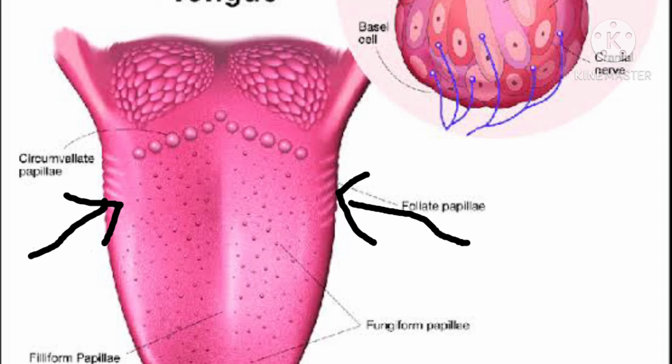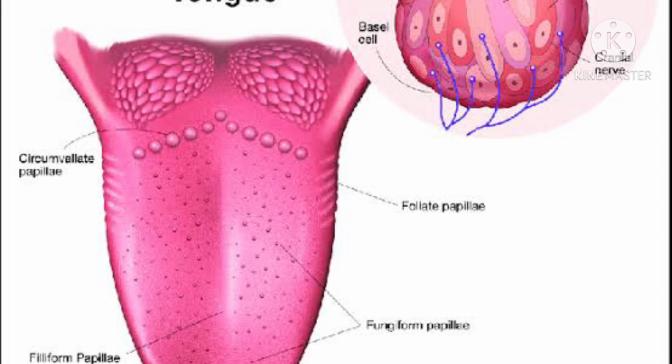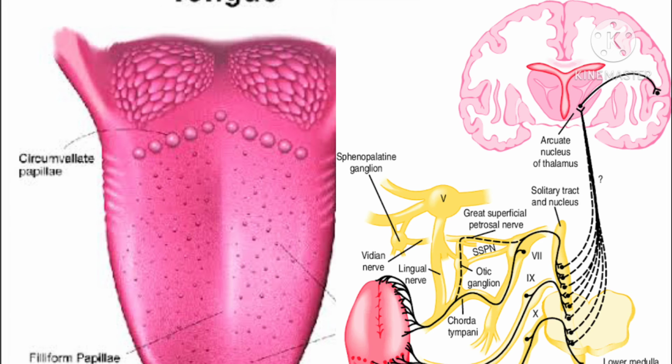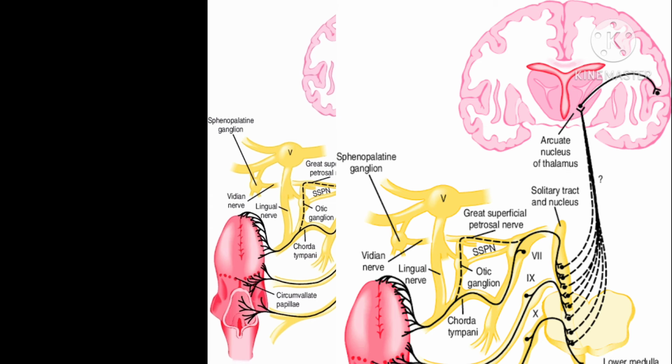The model shows where the taste buds are located. The taste buds have taste nerves. The taste nerves carry the taste message from your tongue to a certain part of your brain. The brain tells you if the food you eat tastes sweet, sour, salty, or bitter.